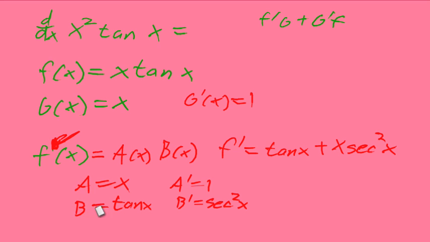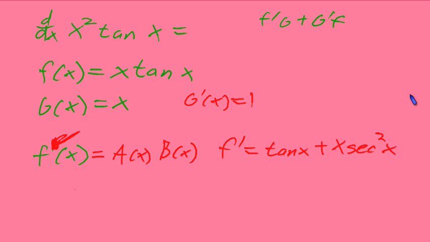Now let me erase this to make some room. And we'll rewrite my f prime of x up here. Tangent x plus x secant squared x.